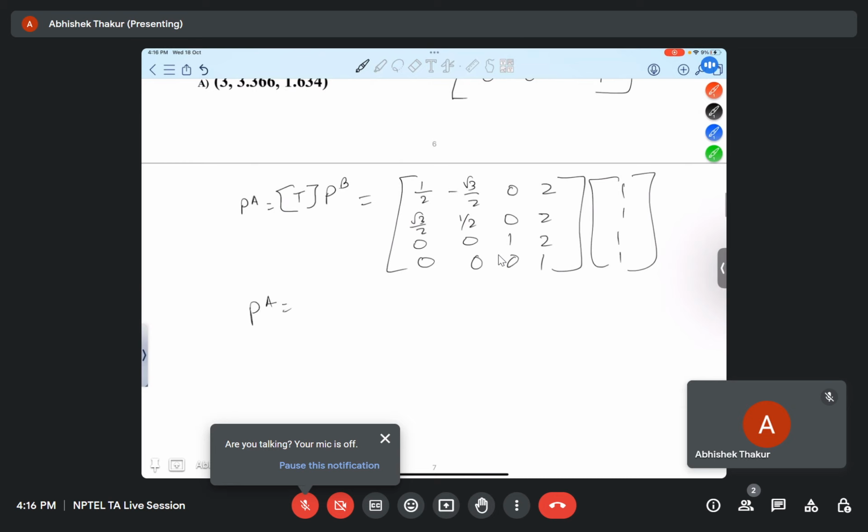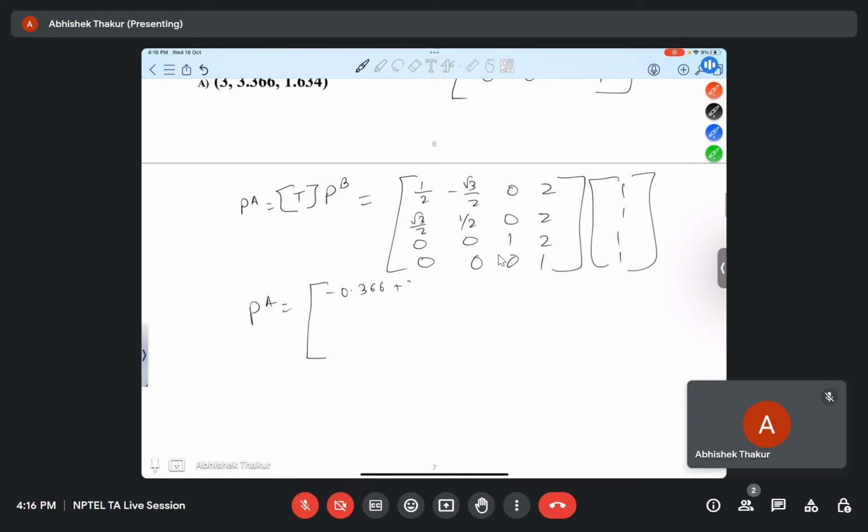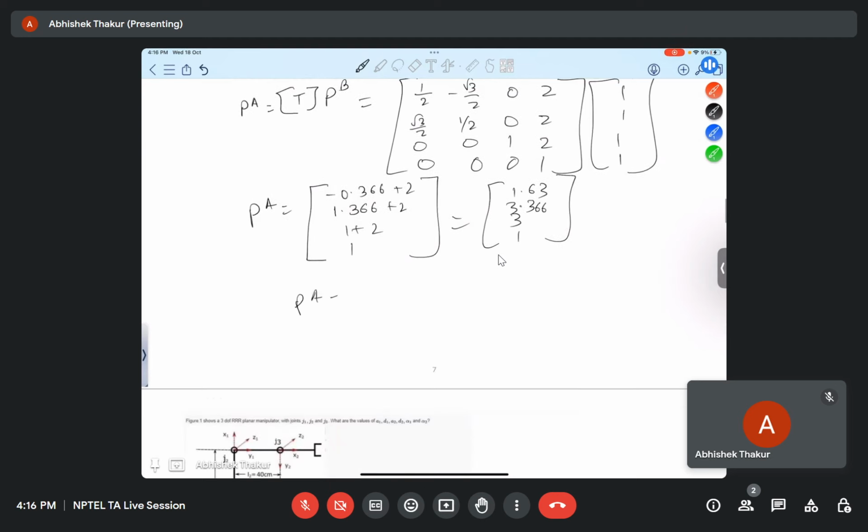So finally our PA will be minus 0.366 plus 2, sorry, 1.366 plus 2, 1 plus 2, and 1. When you do this, you will get 1.63, 3.366, 3, and 1. So the point in A will be 1.63 on the x-axis, 3.366 on the y-axis, and 3 on the z-axis. Like this, we can solve this kind of question.